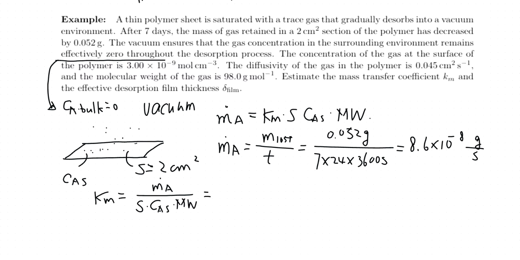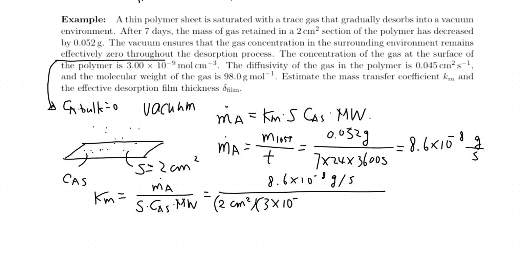You put in the numbers: the mass rate is 8.6 times 10 to the -8 gram per second, the area is 2 centimeters squared, the concentration is 3 times 10 to the -9, and the molecular weight is 98 gram per mole.